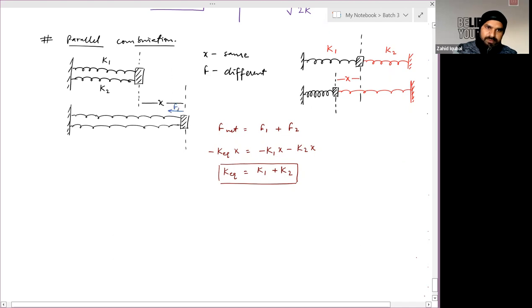In the first part, it will be F1, and in the second one, it will be F2. So the total force acting on this particular block will be the sum of F1 and F2. Similarly, on the right side, since the black spring gets compressed, the restoring force will develop along this way. And this red one gets stretched, so the restoring force will again be in this direction. So net force will be the sum of these two forces.